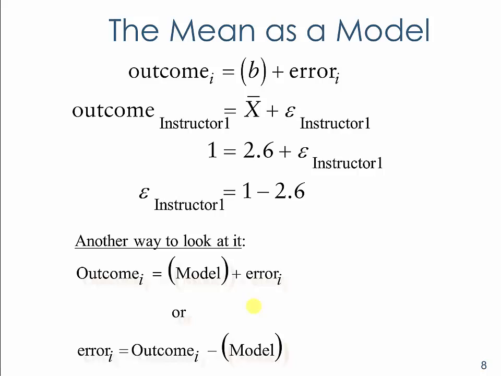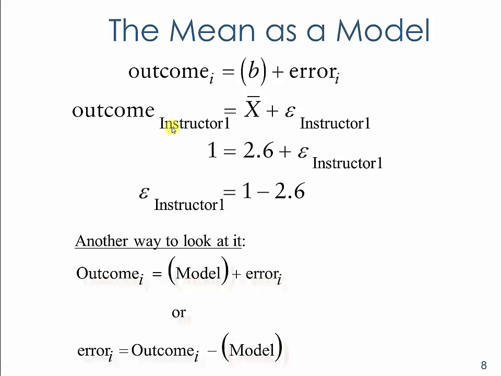For our example, let's say we observe that instructor 1 has 1 friend. Our model predicts the mean to be 2.6. Remember, the mean or the model includes the mean of all the instructors. The reality is that instructor 1 has 1 friend. So we would have a 1 in the outcome of instructor 1.